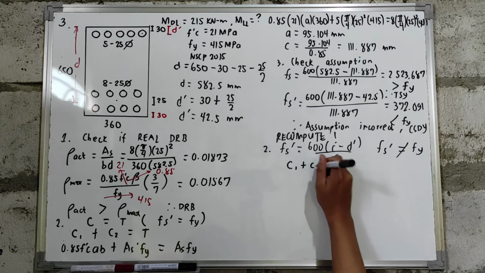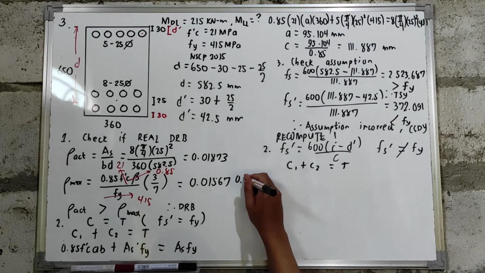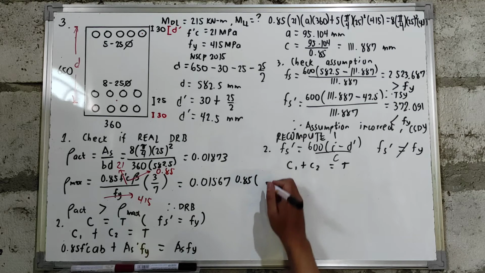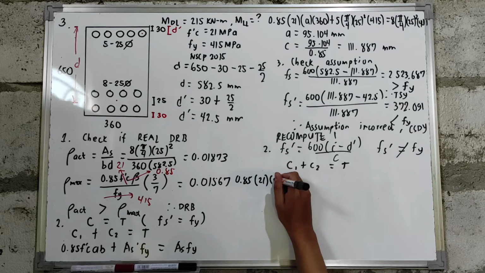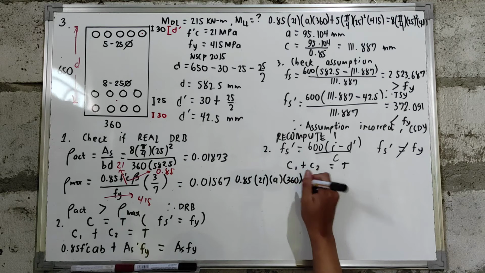So, we have yung C1 plus C2 natin is equals to the tension. So, yung C1 natin, that is 0.85 F prime C. So, what is the F prime C here? That is 21. Multiplied by A, yun yung hinahanap natin. Yung B, that is 360.